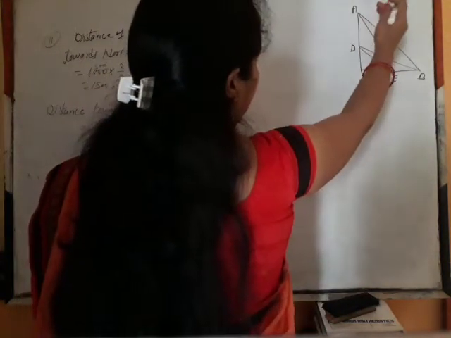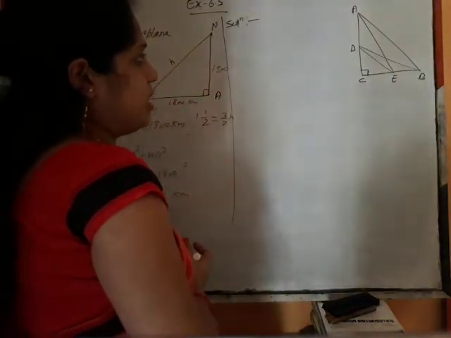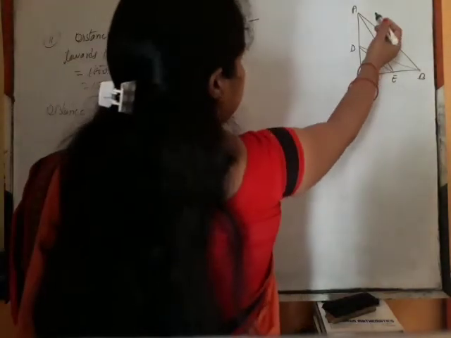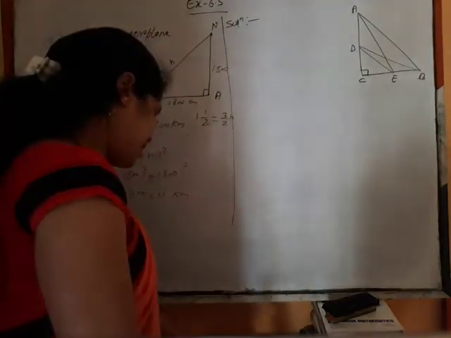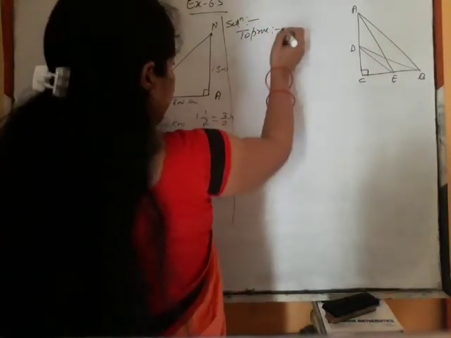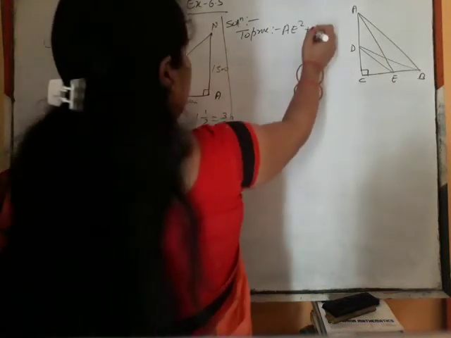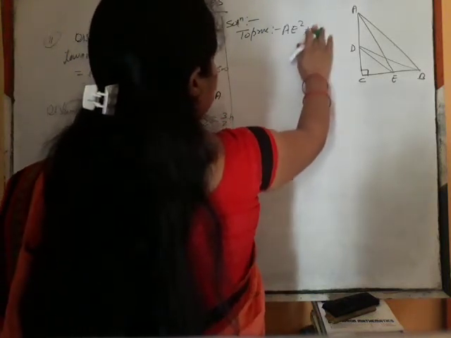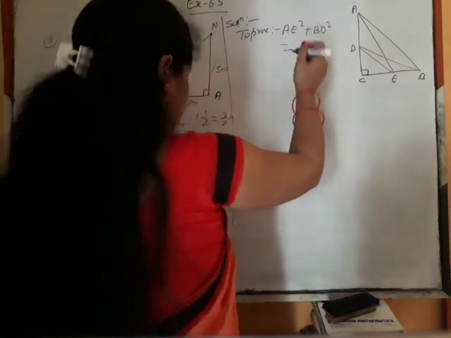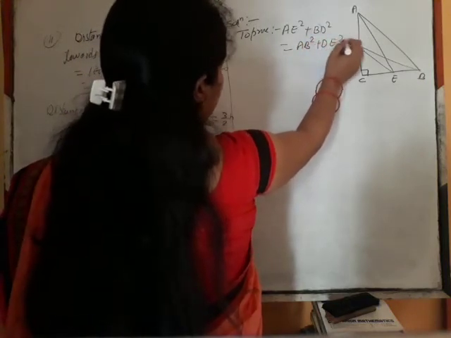First of all, let us take triangle ACE. Since we need AE square on the left hand side, let us write what we have to prove: AE square plus BD square is equal to AB square plus DE square.